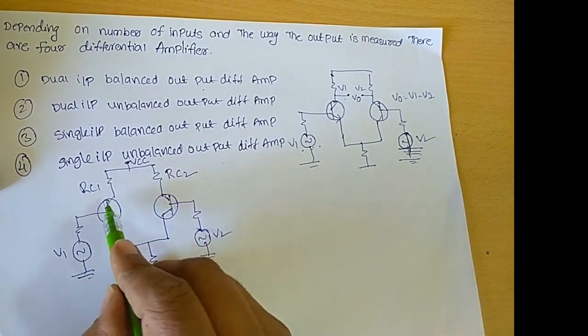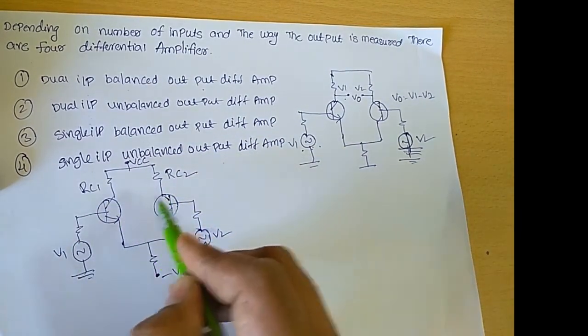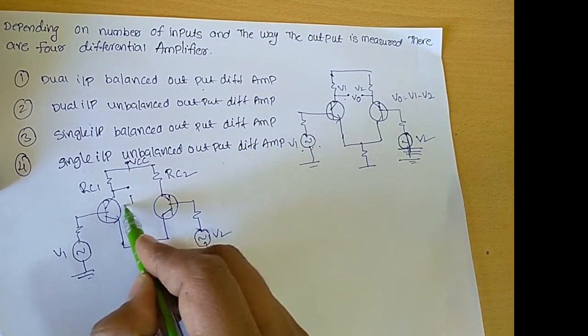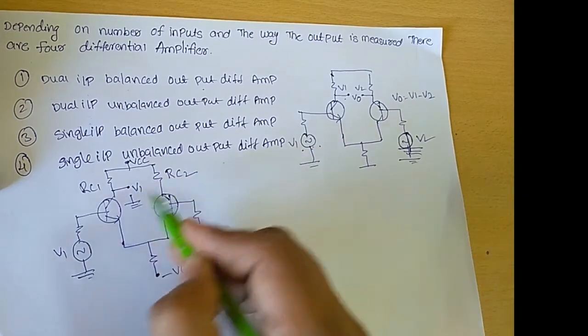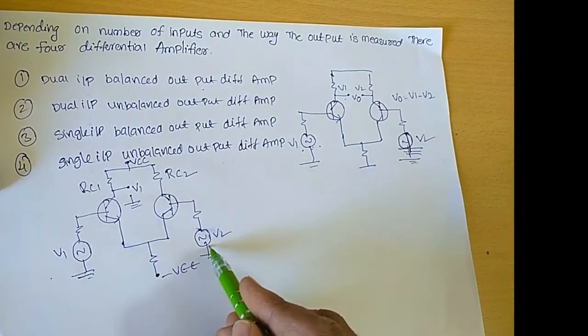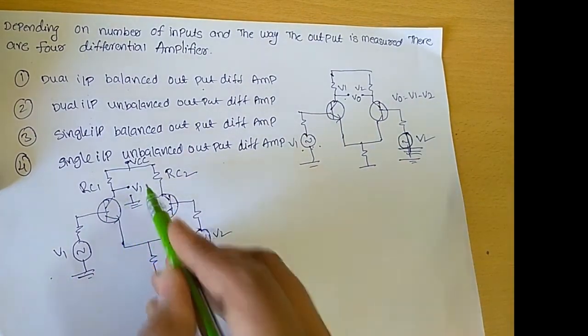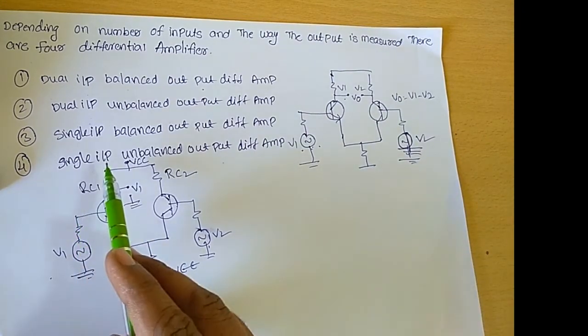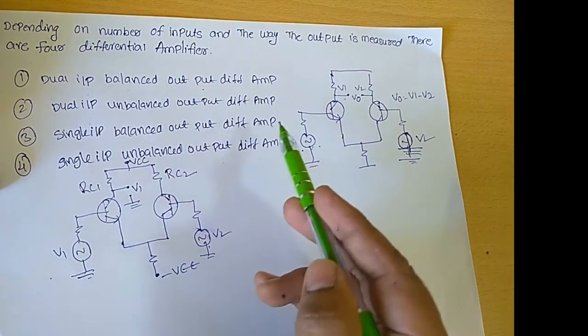In between these two collector terminals, we collect the output at any one of the collector terminals with respect to ground. This is called dual input unbalanced output.